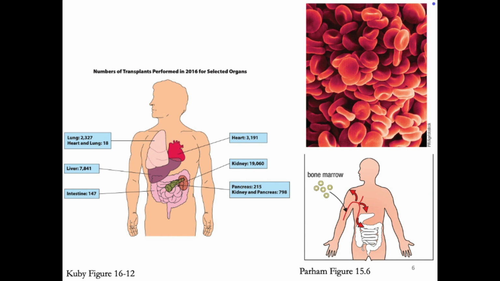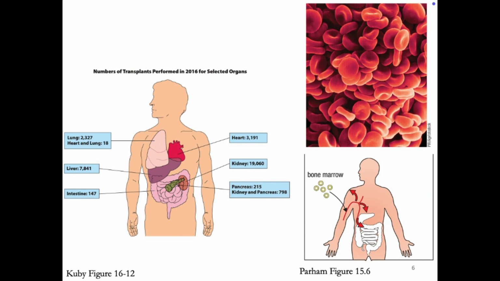This image shows a number of different organs that are commonly transplanted. And you can see on the left a number of different organs and how many transplants of those organs there were in 2016.